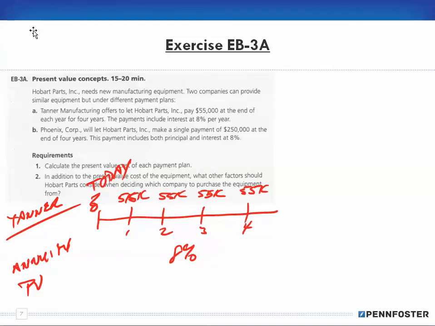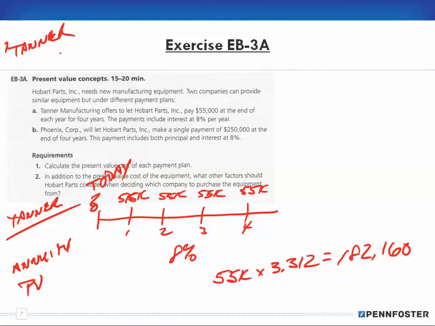So we take the 55,000 and we multiply it by the 3.312, and we end up with $182,160. So for Tanner, we end up with $182,160.